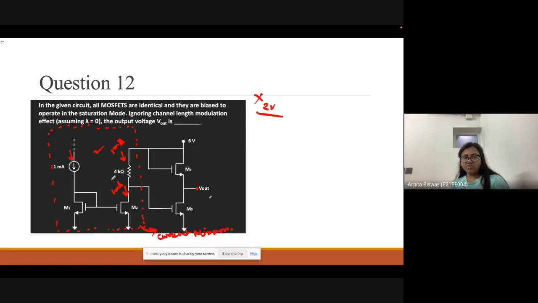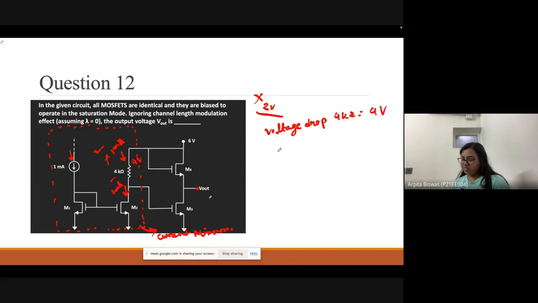So how much voltage drop from this side? 4 volts. Now write down this voltage drop: 4 kilo ohm gives 4 volt.